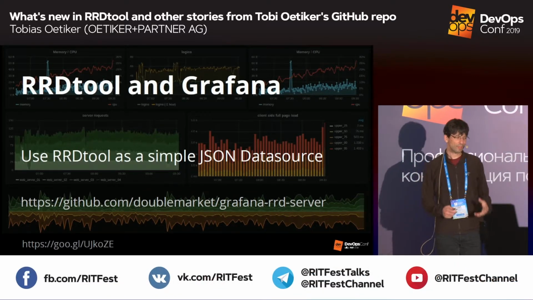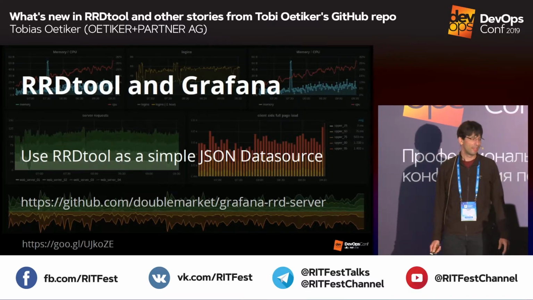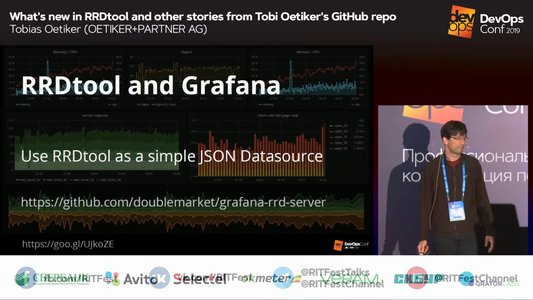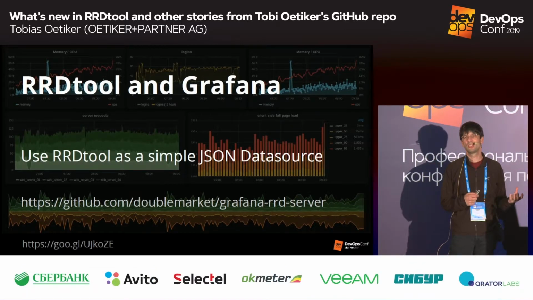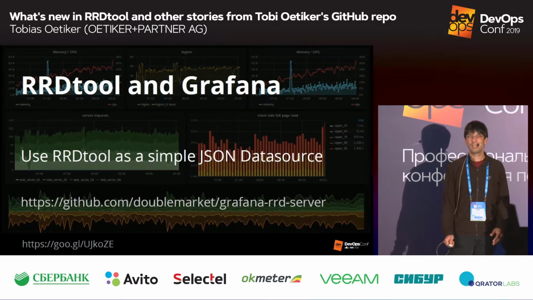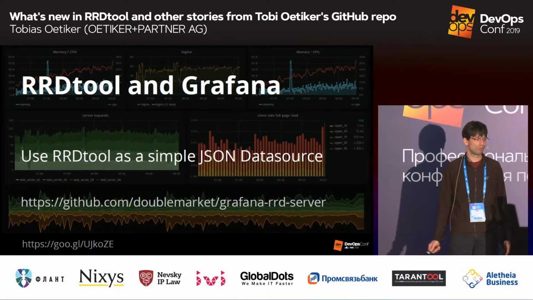So you can integrate this into your Grafana dashboards. And since RRDtool is very space efficient, very fast, that can be an interesting option, especially if you don't have a really huge infrastructure to run one of the newer, very space-hungry options for time series databases.